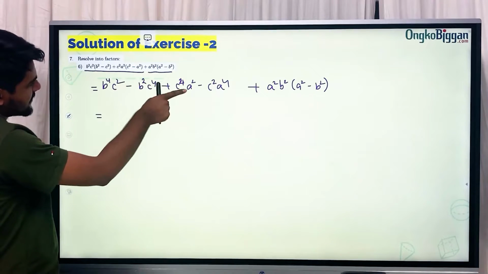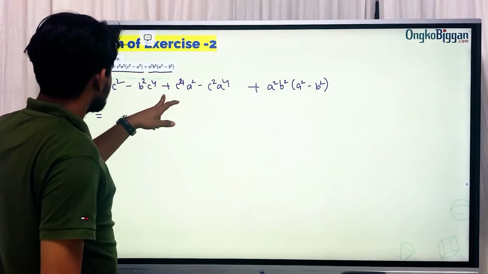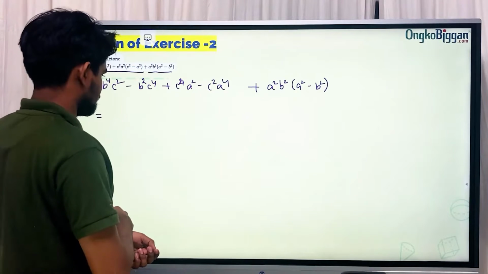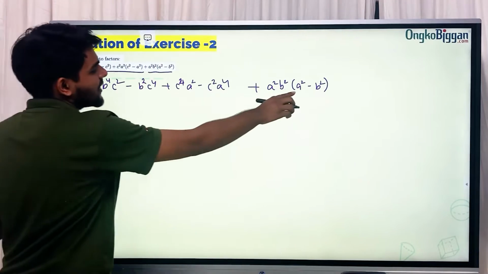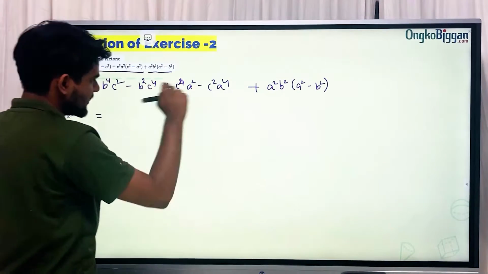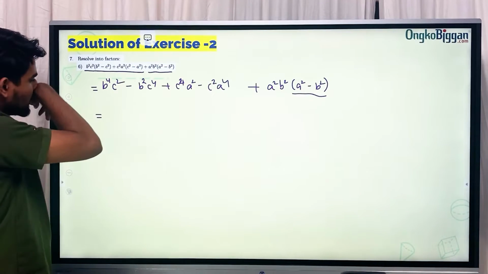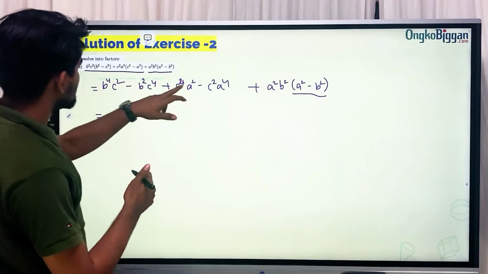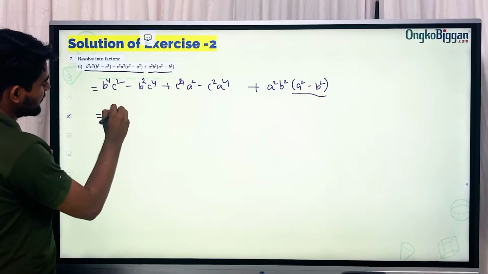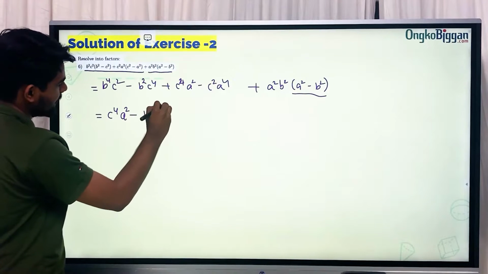So c square is common from here, or c4 is common from here. We need to make sure that we get a square minus b square from this part. That is, this part can be gotten from these parts also. So we first take common c4 out of a square minus b square c4.